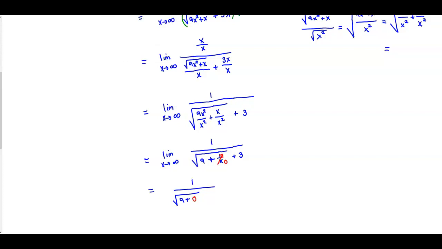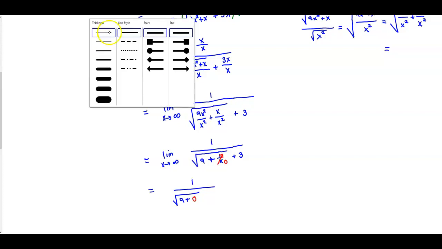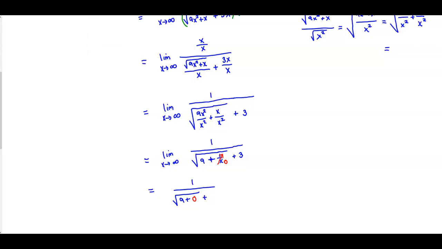So that's 9 plus 0, and then plus 3. So we have 1 over the square root of 9 plus 3. We know the square root of 9 is 3, plus 3. So therefore the result is 1 over 6.